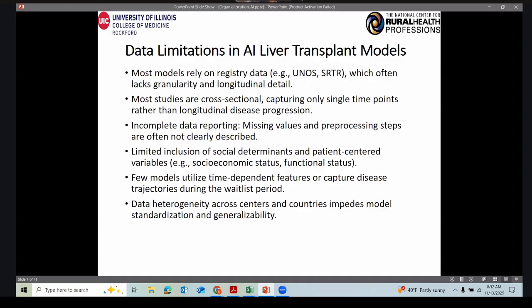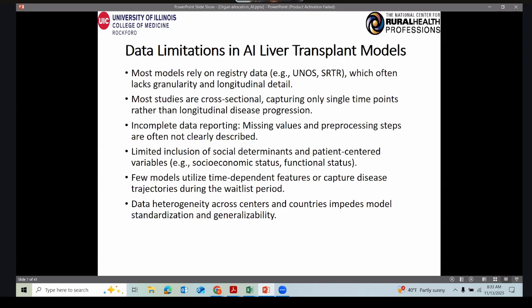Additionally, there are very few models that use clinical real-time databases, but they are also done at a single time point.